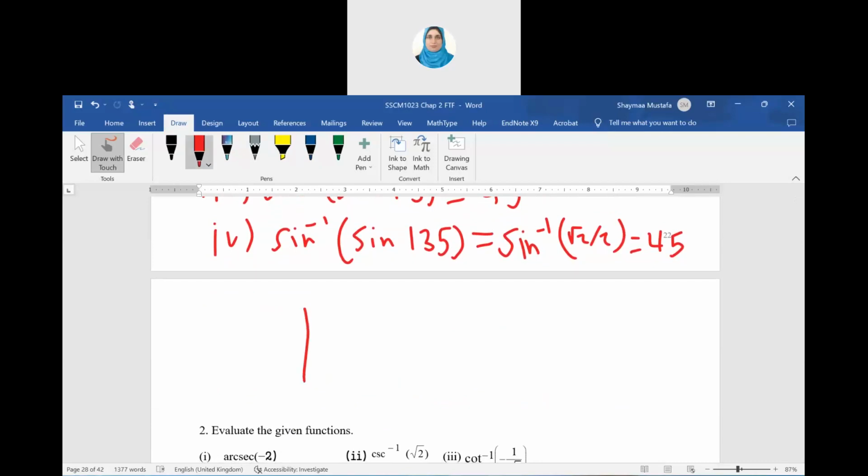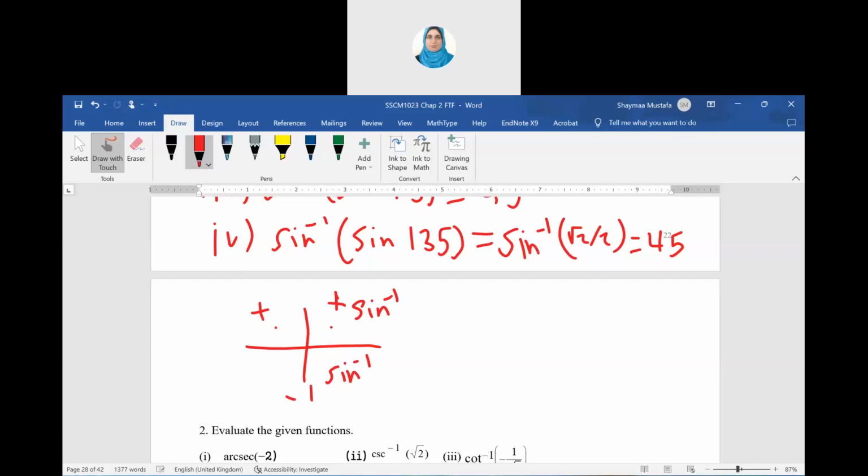Maybe I can explain it here. Now, I need sine inverse for the positive value. I have an angle here and an angle here because sine is positive in this one and in this one also. So which angle do I have to choose? Should I choose 135 in the second quadrant or the one in the first quadrant? I will choose the one in the first quadrant because sine inverse is defined in the first quadrant and in the last quadrant.